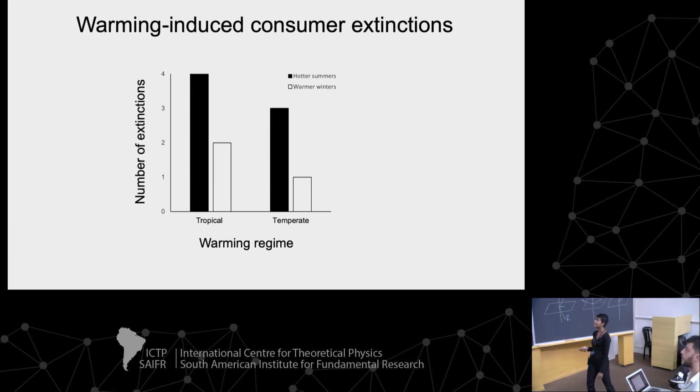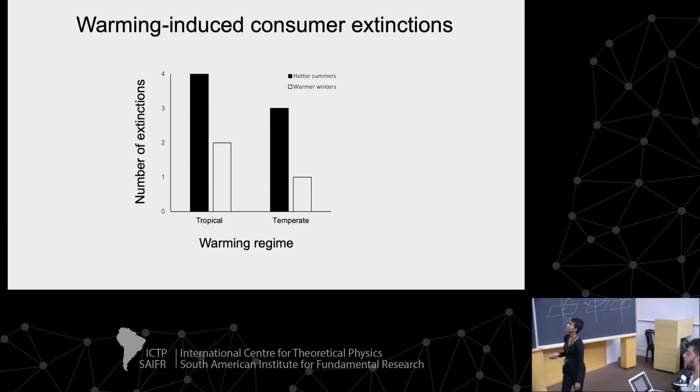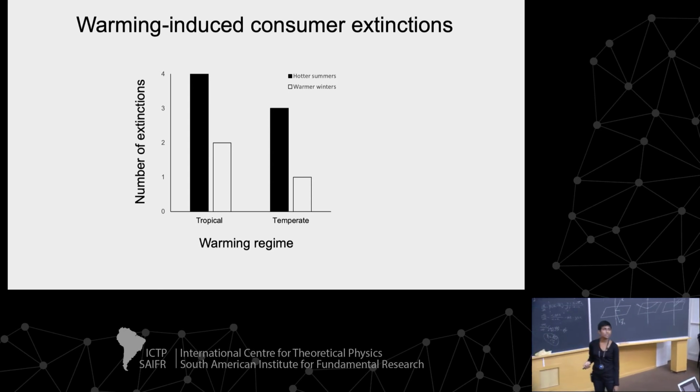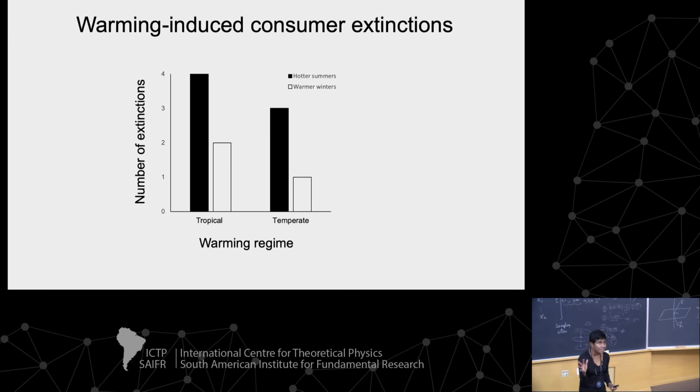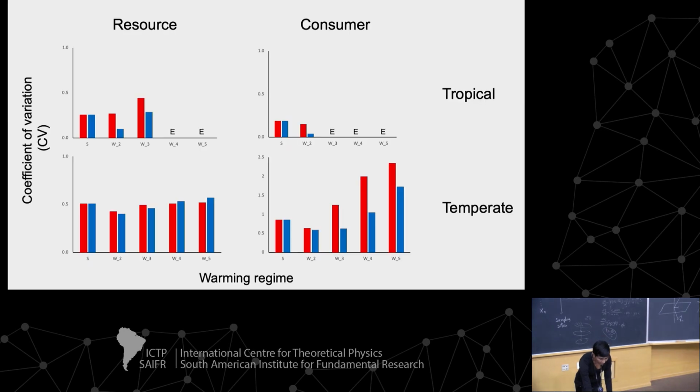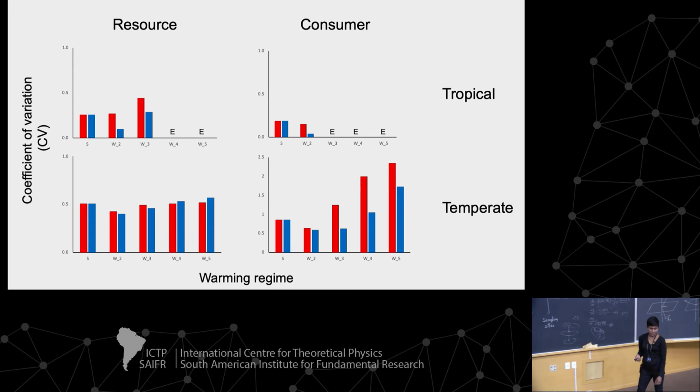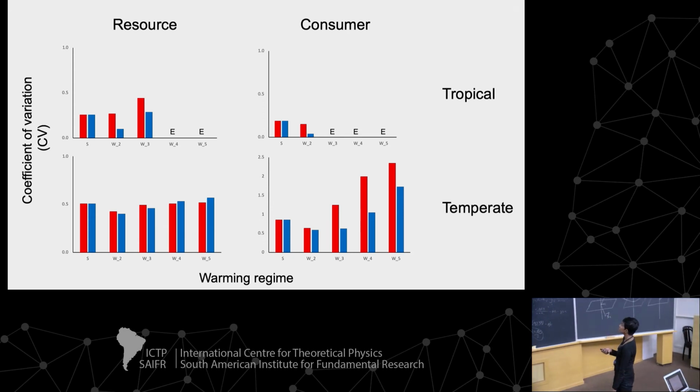We can see that hotter summers lead to more consumer extinctions than warmer winters. And we are not talking stochastic, we are talking about deterministically the consumer cannot survive. Now, if you look at the coefficient of variation in these situations, this is very interesting.